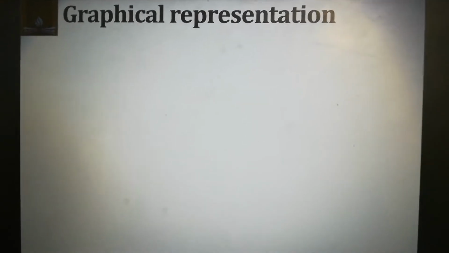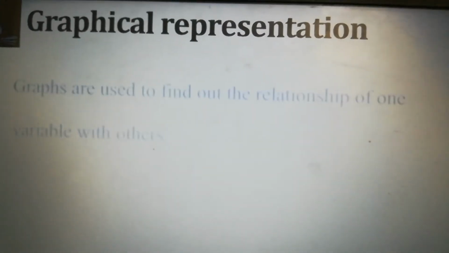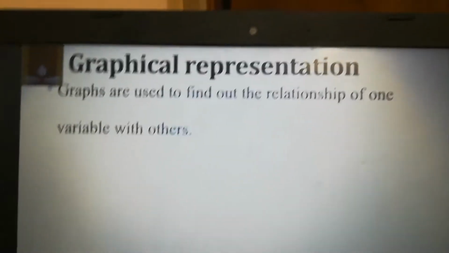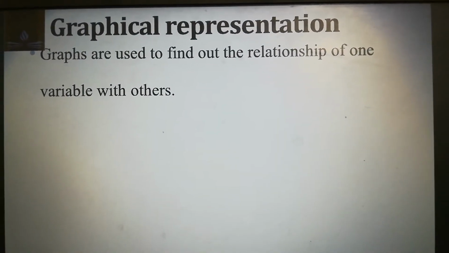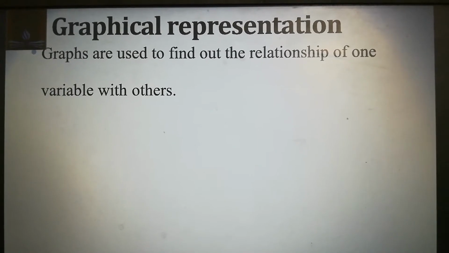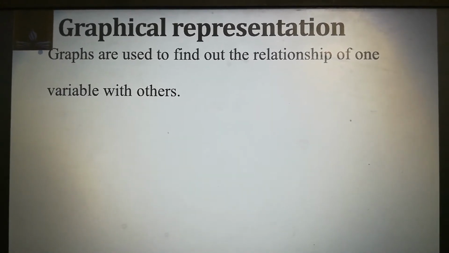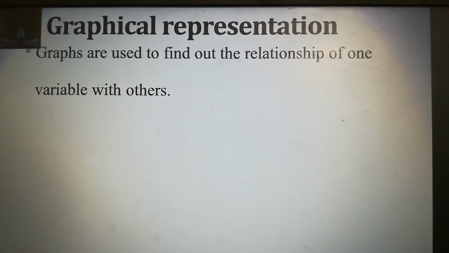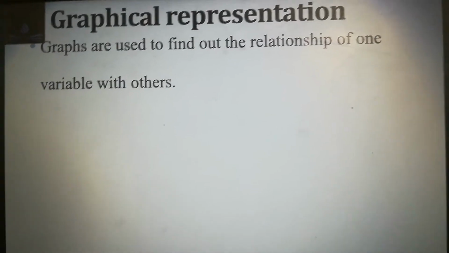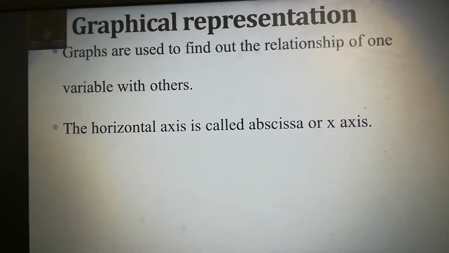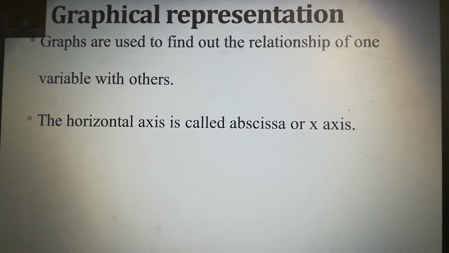Okay friends, let's see about the graphical representation. What do you mean by graphical representation? Here we use graphs to represent the data, especially to show the relationship of a variable with others, and we commonly use two axes.